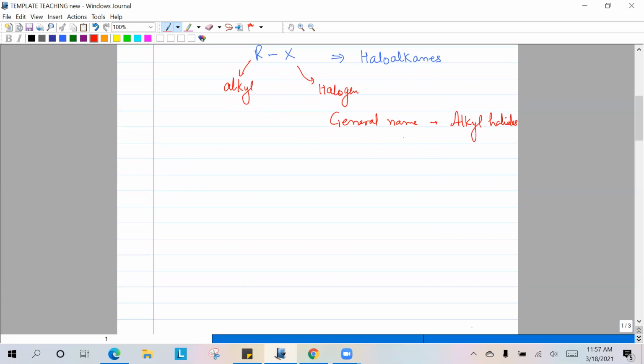So the general name is actually the common name. It used to be named this way before, but now we need to follow the IUPAC naming, or in your exams, they call it systematic naming.